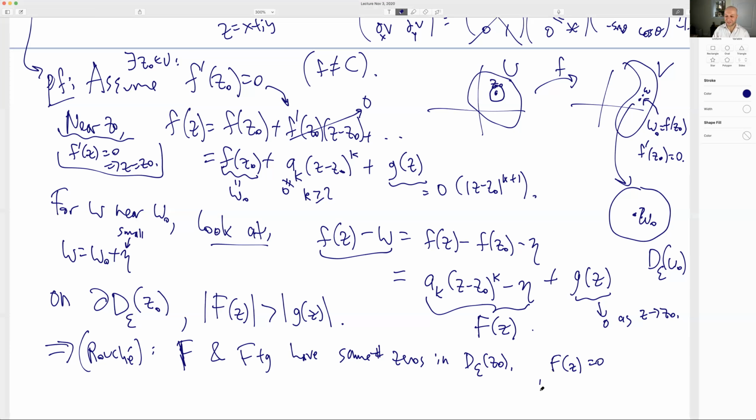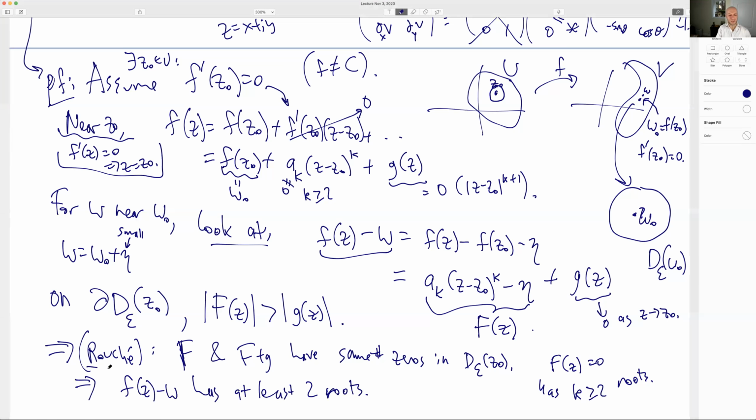So this has k, which is at least 2 roots. And that implies this F plus g has at least 2 roots, which means f of z minus w has at least 2 roots.